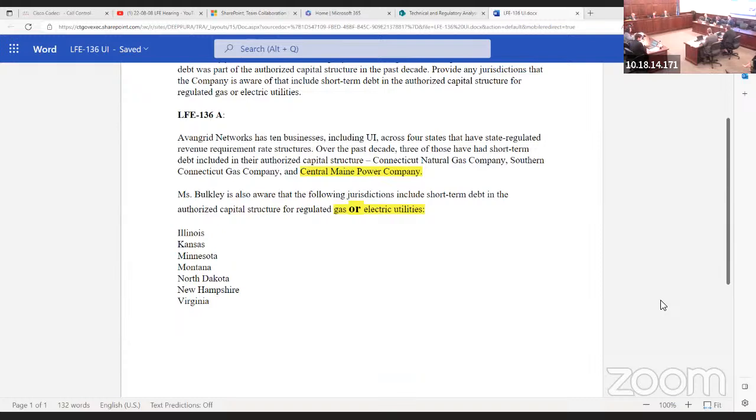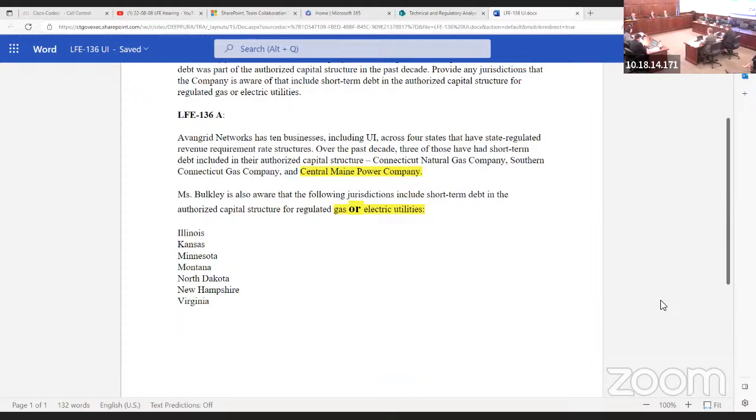I think North Dakota and Montana are both electric. Illinois is gas. This is electric. So just North Dakota and what did you say, Minnesota? North Dakota, Montana, and Kansas, I know, are electric.